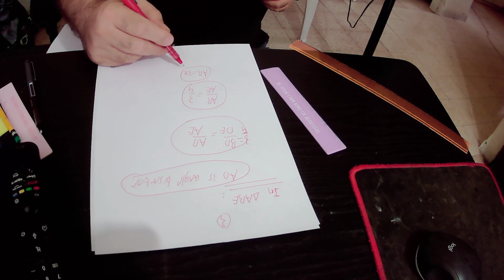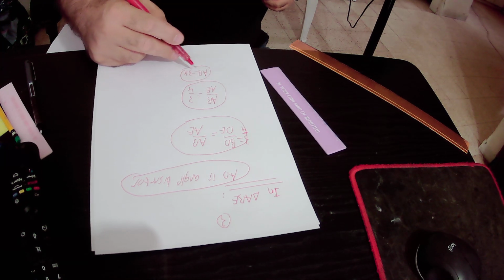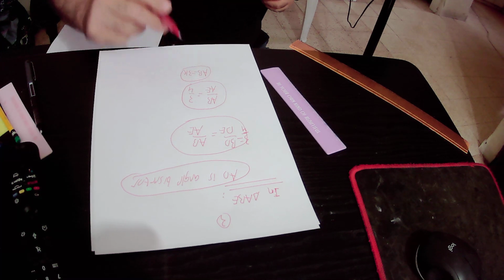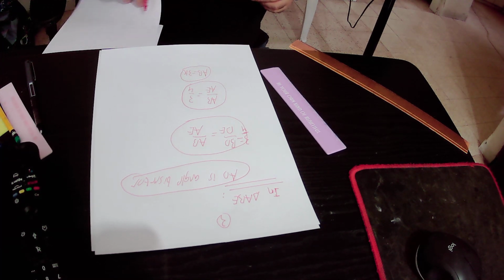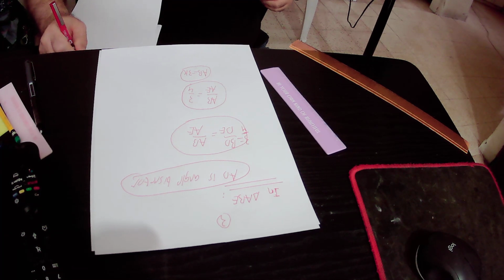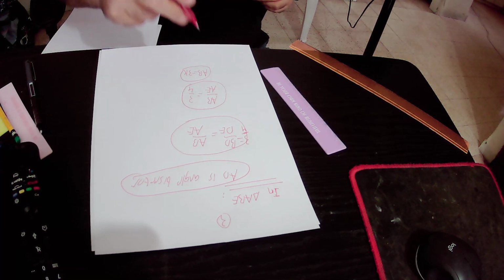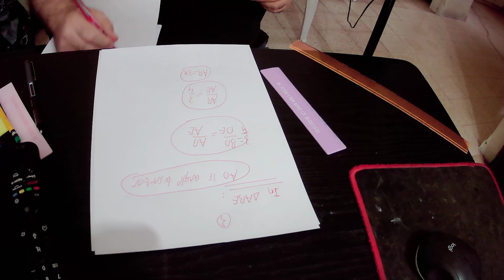We will substitute AB by 3K and find the value of AE. So we get AB, which is 3K, over AE equals 3 over 4.